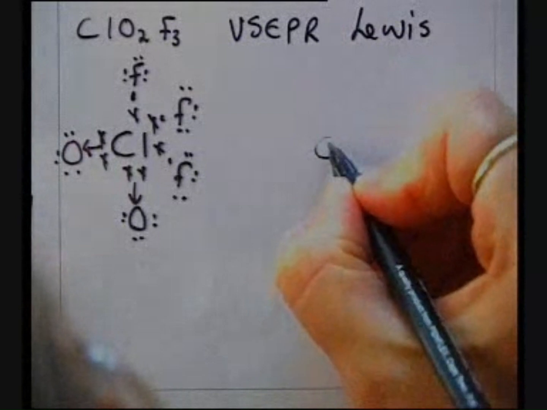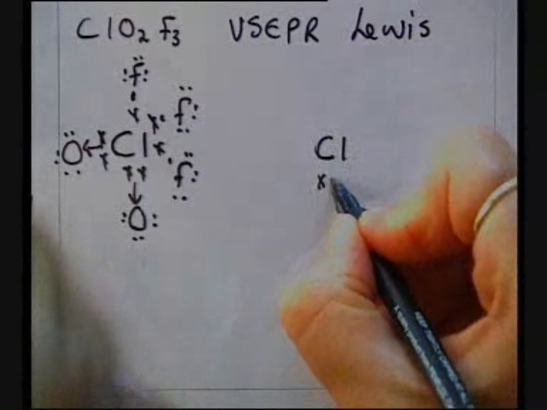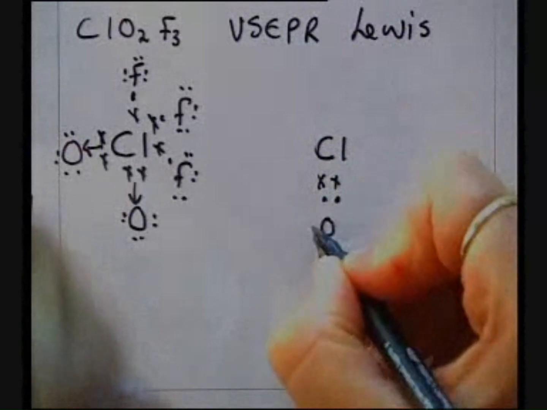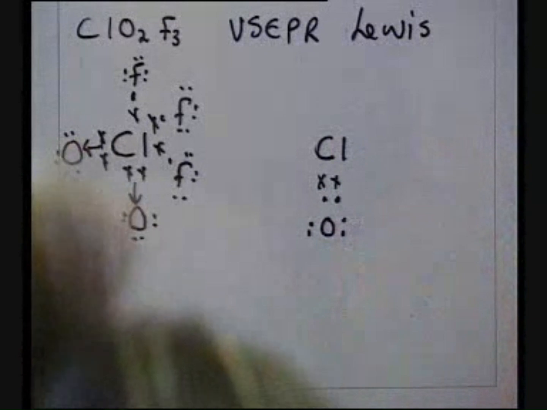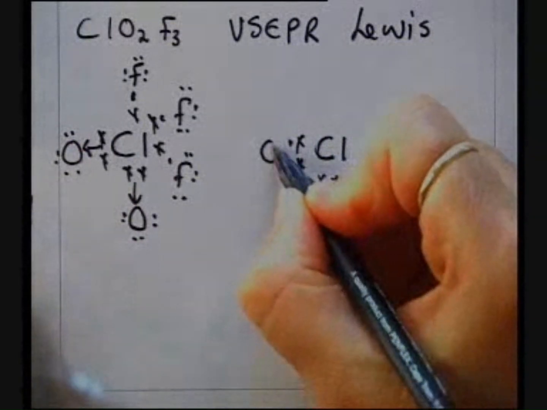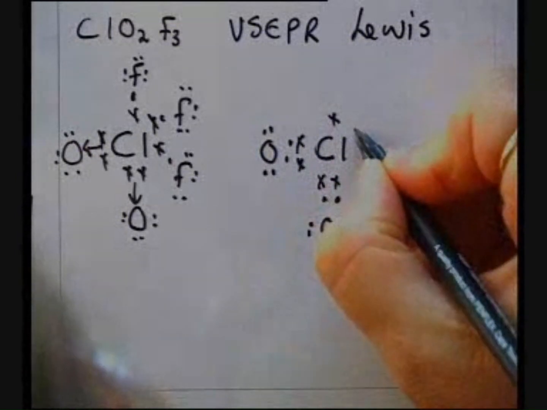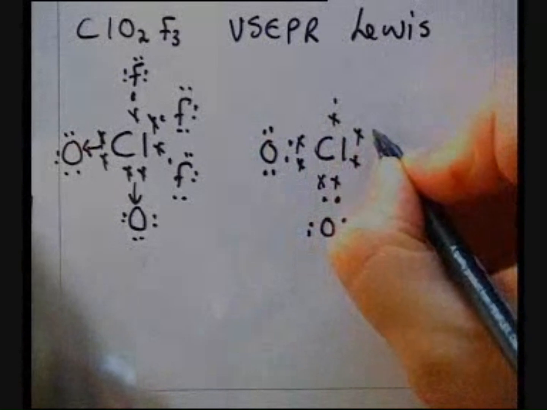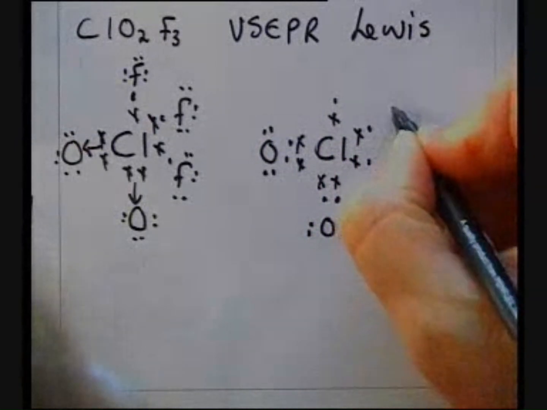So for a better Lewis structure, we suggest that the chlorine atom will form a double bond to this oxygen. The oxygen will still have its electron octet. It will form a double bond to the other oxygen, and then it will form the single bonds to the fluorine atoms.